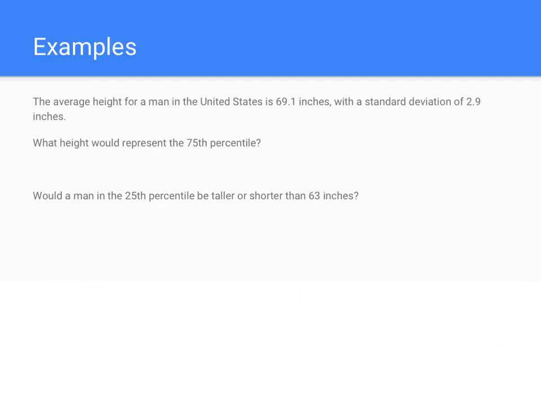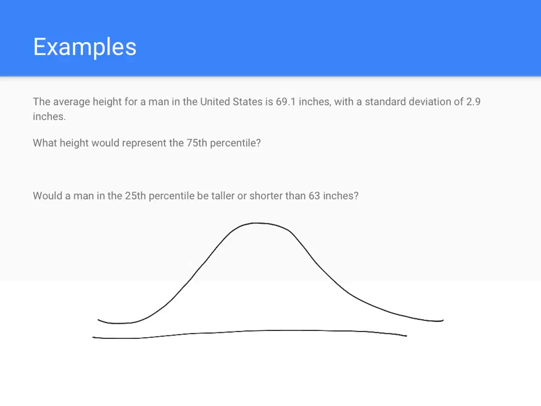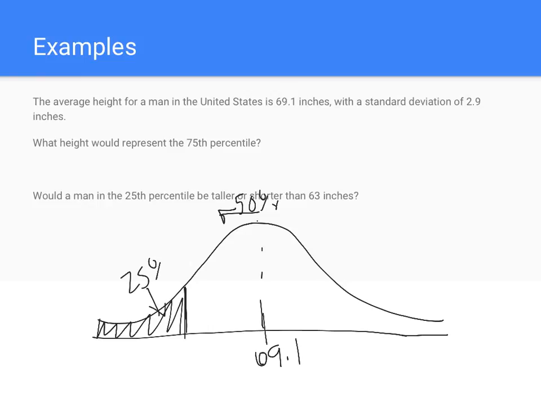Alright, if we apply the same logic to the second one, again, what I'm going to be looking for, I'm not going to rewrite all the numbers, but here at 69.1, 50% of my data is this way. So I'm looking for something out here such that this area is equal to 25% of my data.